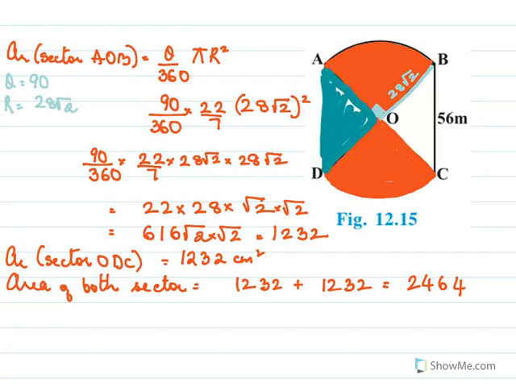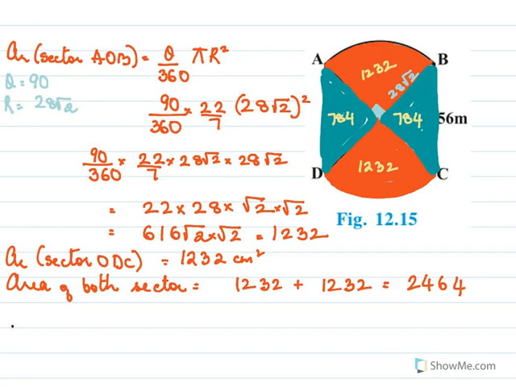Now next, in the earlier slide, we found this area as the area of a triangle. So now it's time to add up all the 4 areas and find the total area of this figure. These areas we found as 784, this was 784. Now here we found 1232 and this was 1232.